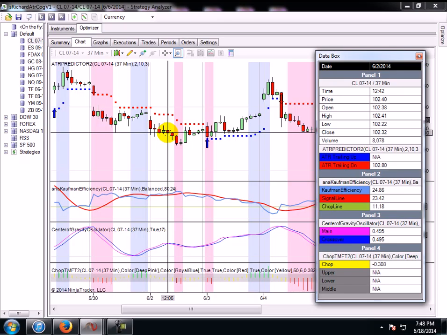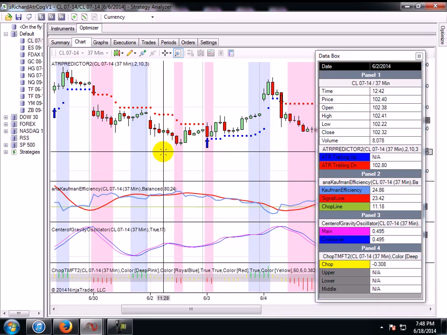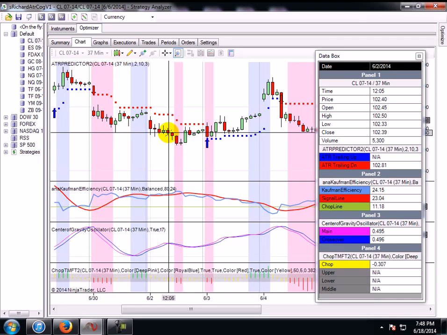Let's see, the chop value is 0.308. Let's get this to activate here.